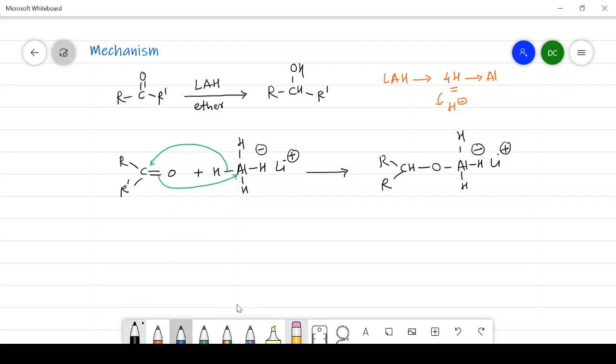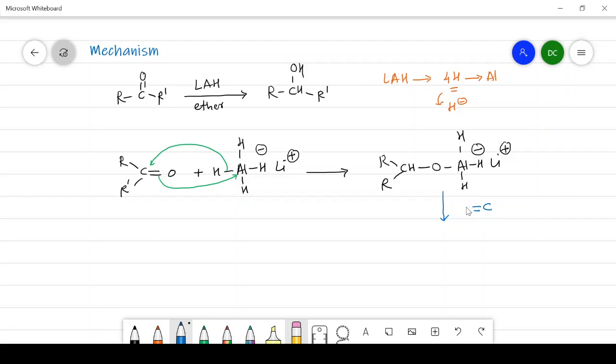Now this lithium aluminum hydride contains another three hydrogens, so another three molecules of the ketone will undergo the same type of nucleophilic addition reaction with all three hydrogens and we get the corresponding product. So this process is repeated thrice.